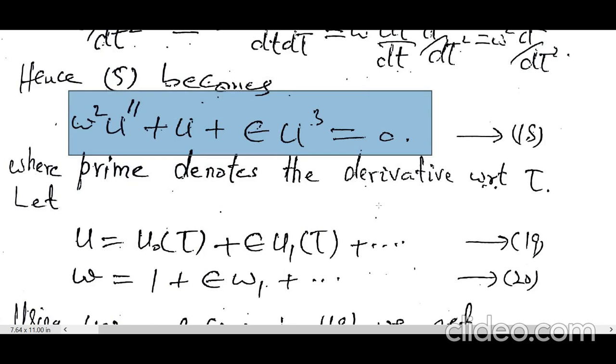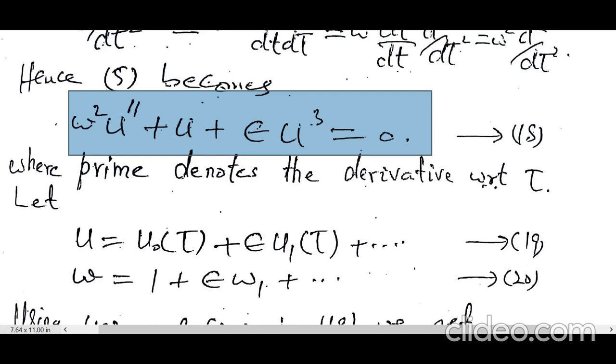Next, you know that for u we will use the standard straightforward expansion, which is u naught of tau plus epsilon u1 of tau, and for omega we will also use an expansion of a specific form, because I told you that omega naught is always taken to be 1, and we are taking it as 1 here.